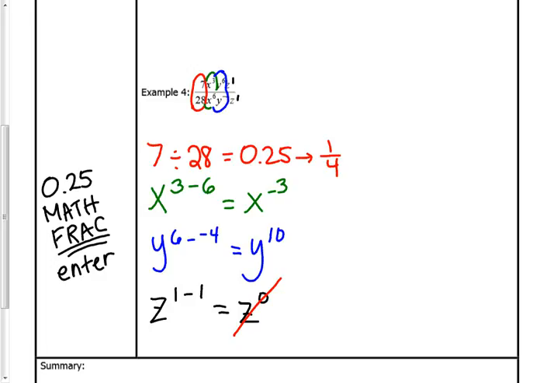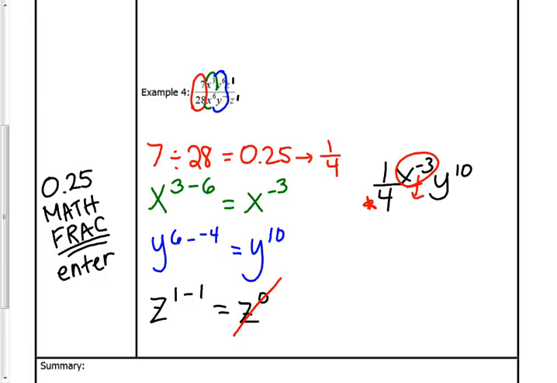So if I want to put this all together, I have 1/4, right? Then I have x to the negative 3, y to the 10th. And remember we said we can't keep the negative 3 here as my final answer, so I'm going to have to move this to the basement. Right now in the denominator there's a 4, because in my numerator I have a 1, and in my denominator I have a 4.